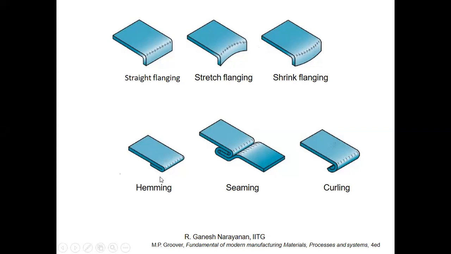Hemming is one of the most commonly used techniques performed for automotive components, especially, or any other sheet metal which is to be bent over itself. This would ensure that there are no sharp edges and also that it can be hemmed to other sheet metal.